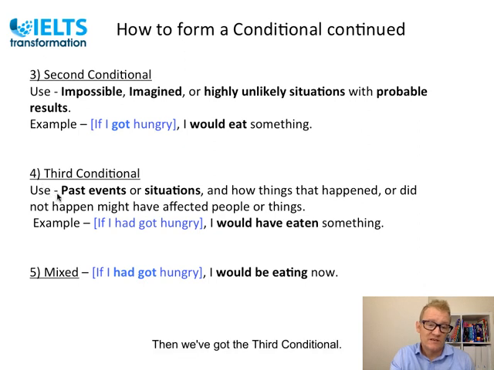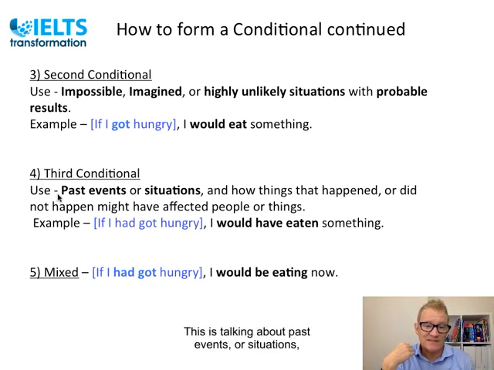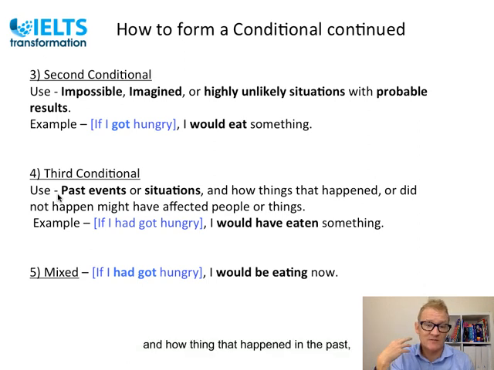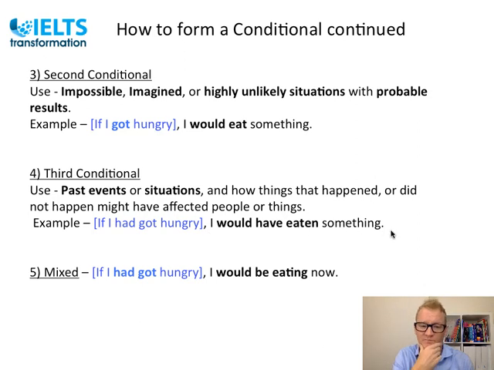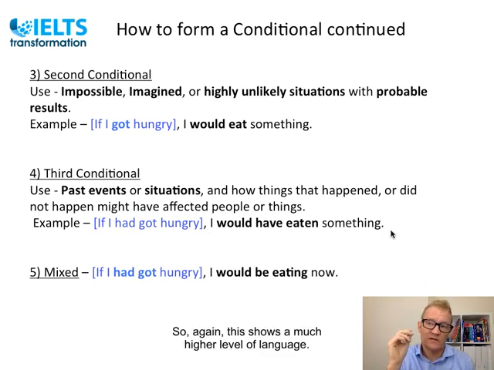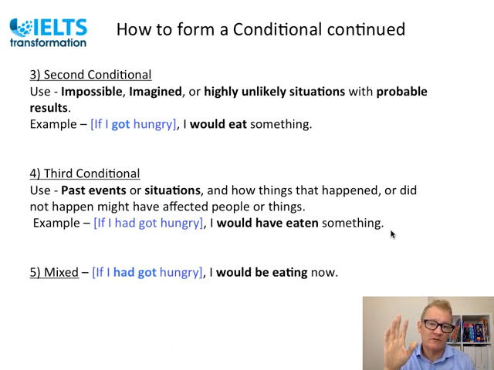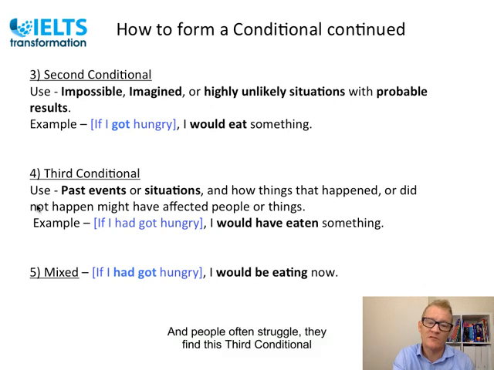Then we've got the third conditional. This is talking about past events or situations and how things that happened in the past or did not happen might have affected people or things. If I had got hungry, I would have eaten something. So again, this shows a much higher level of language, and people often struggle.